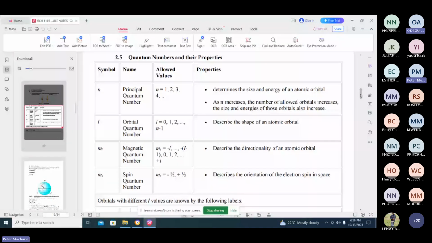And those orbitals are represented by ML, which in quantum terms is referred to as the magnetic quantum number. ML can take values relative to the L we are dealing with. ML is within L, isn't it? Yes. ML takes the values from minus L up to positive L, the integers.